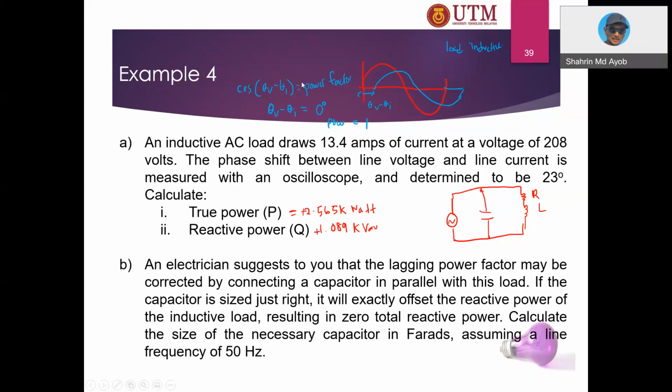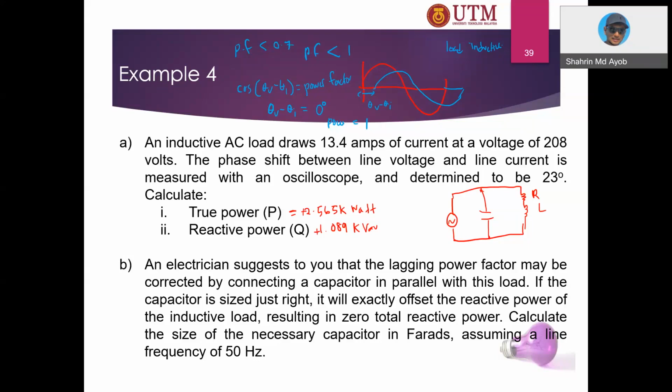And if the angle difference between voltage and current is very large, you will have a power factor that is actually less than 1. In TNB, if the power factor of your home is less than 0.7, you will be penalized by TNB.